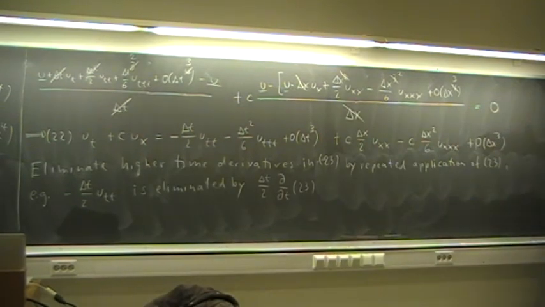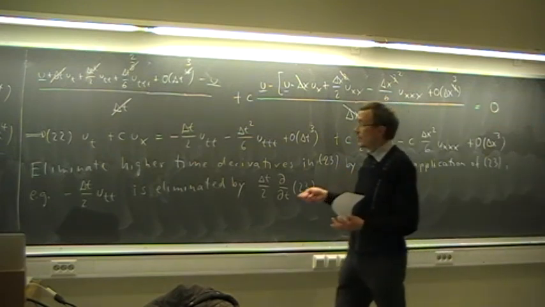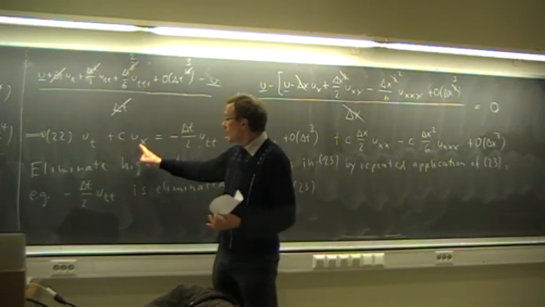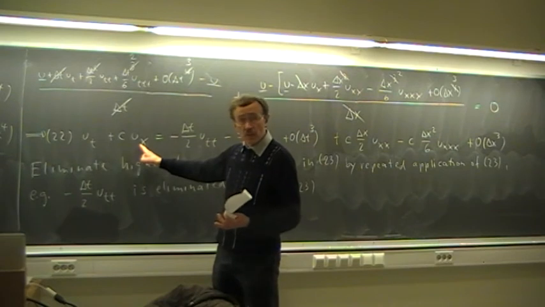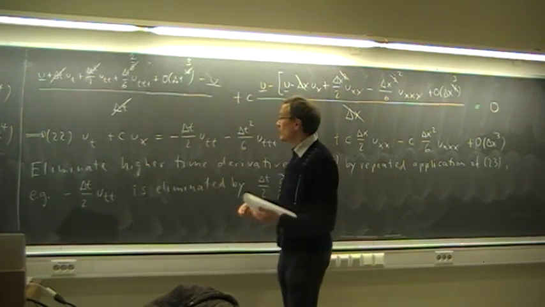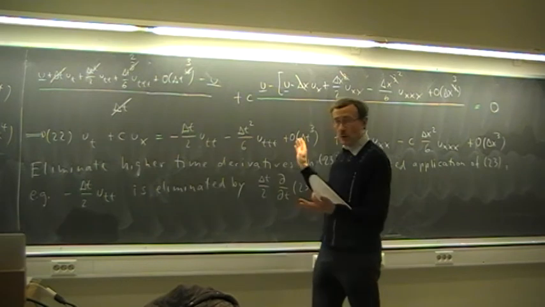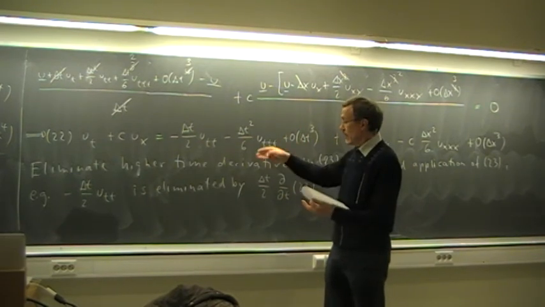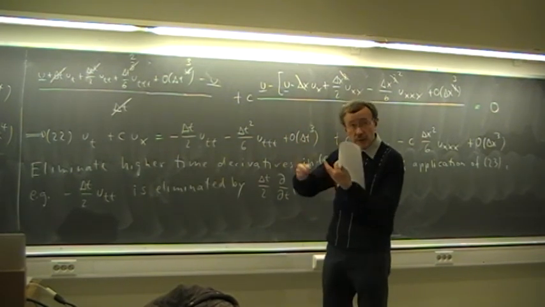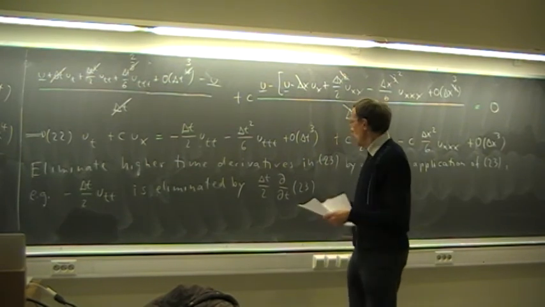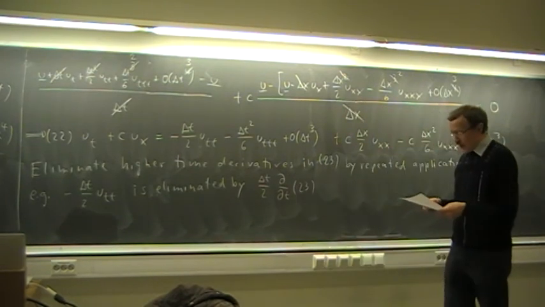So the trick is that we replace time derivatives essentially by the space derivatives. And we can also take higher time derivatives, then we get further derivatives of that, but we can replace one after the other. So, and that is a little technical.